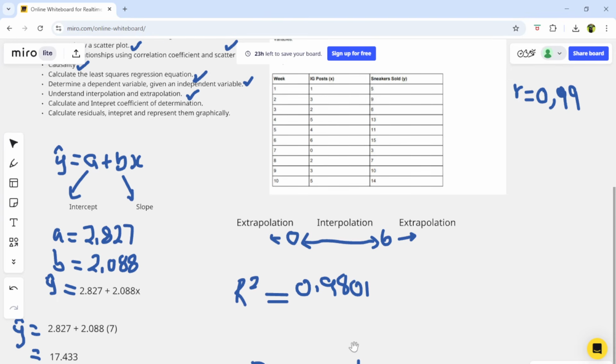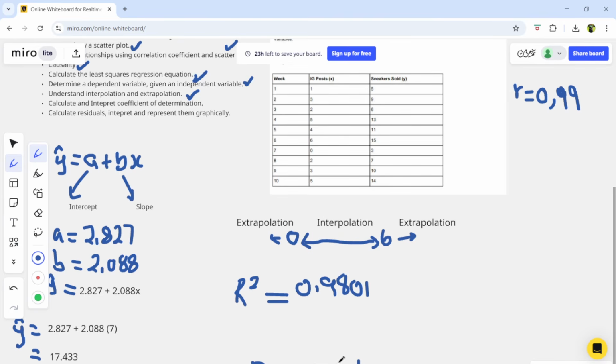This one doesn't tell you about the relationship. It tells you about the fitting of the least squares line to the data. So if it's closer to 1, you can say, let me just add 0.5 in the middle.